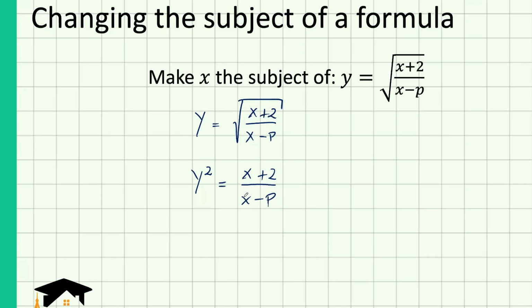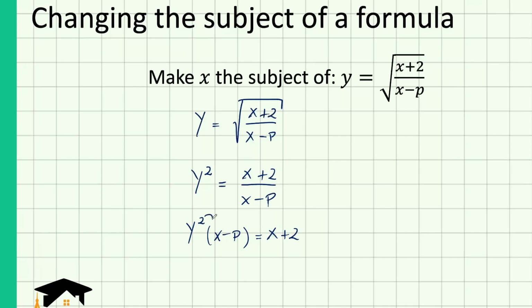Now x minus p is dividing here, so I will have to multiply by it, and that will give me y squared times x minus p equal to x plus 2. And I want to have all the x on one side.